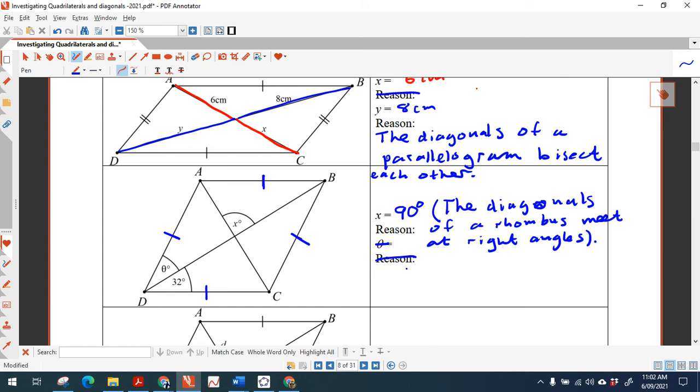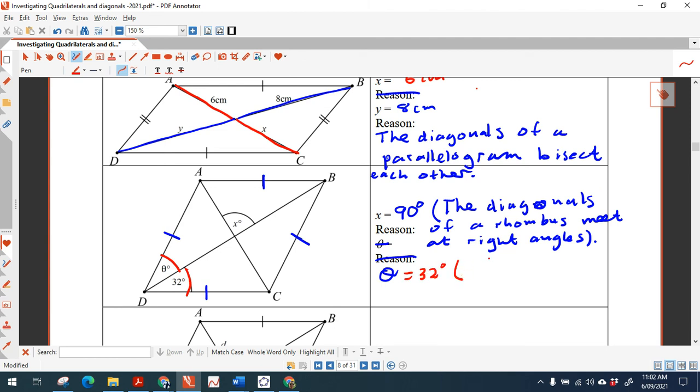Let's do theta now. Okay, theta is this angle down here. So now we know that for the properties of a rhombus, the diagonals bisect the angles through which they pass. So this angle here must be equal to this angle here. So theta is equal to 32 degrees.